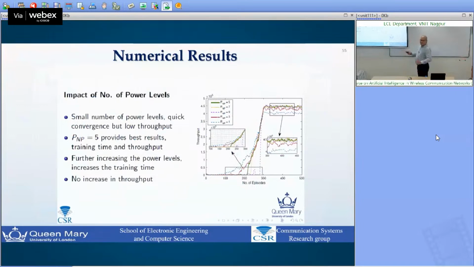When you have more power levels, by selecting suitable ones we can reduce the interference effect and increase the throughput. In terms of convergence, we have to balance the trade-off between throughput and convergence. The number of power levels should not be too high, like 7 or 9, or too low, like 1 or 3. In between, such as 5, is the best trade-off in terms of throughput as well as convergence.